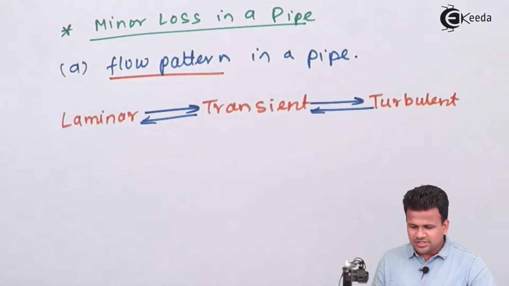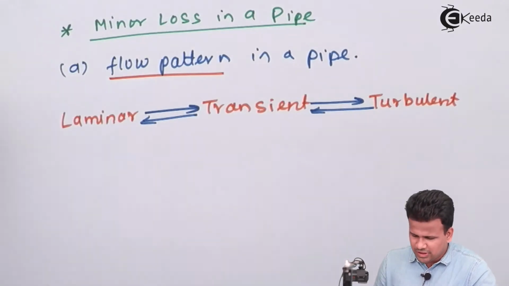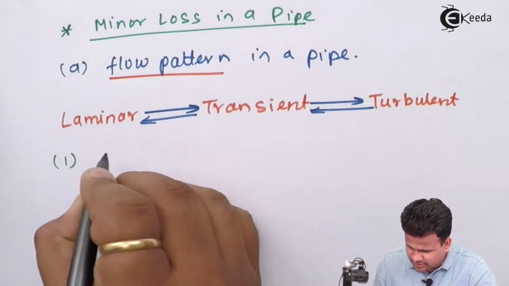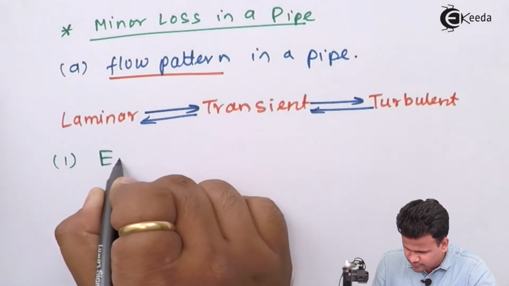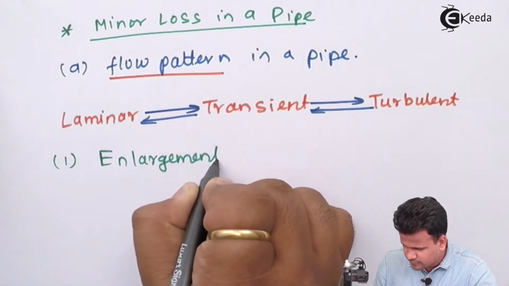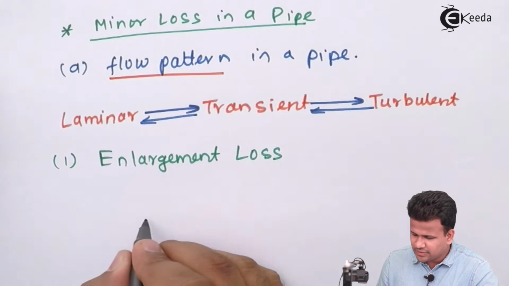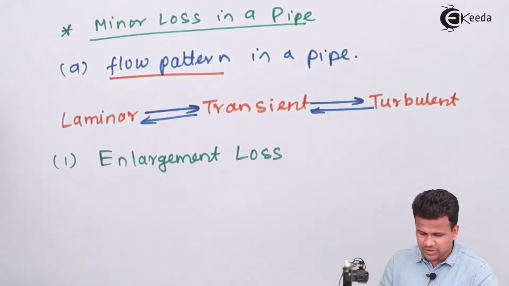Now, the first kind of minor losses which we are going to study is called enlargement loss. Now let us study what is enlargement loss.